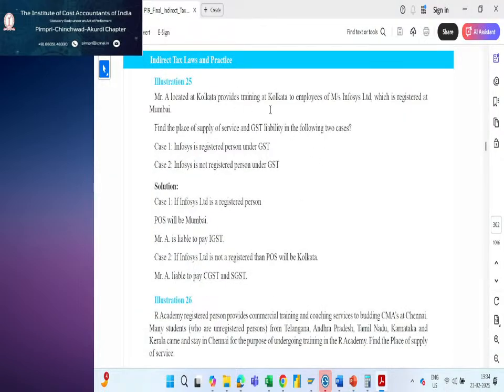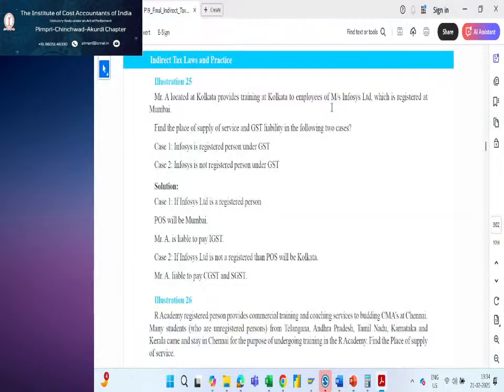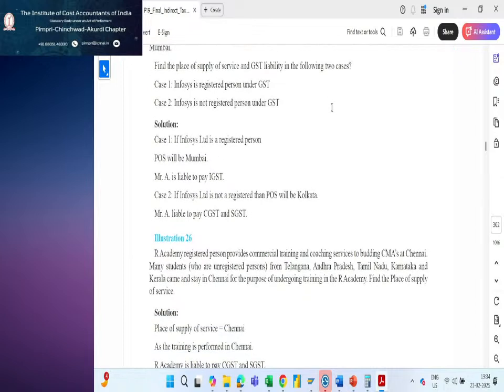They provide training at Kolkata to employees, but the location is Mumbai. So if he is a registered person, the location of such person is the place of supply. Hence here it is Mumbai, and the IGST tax is payable.